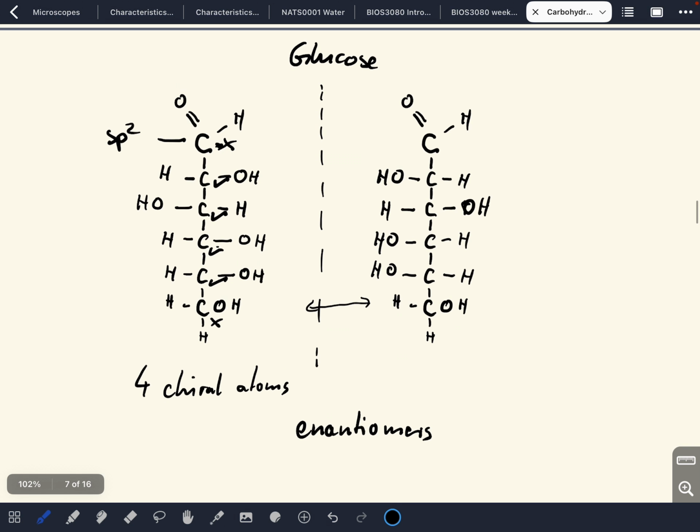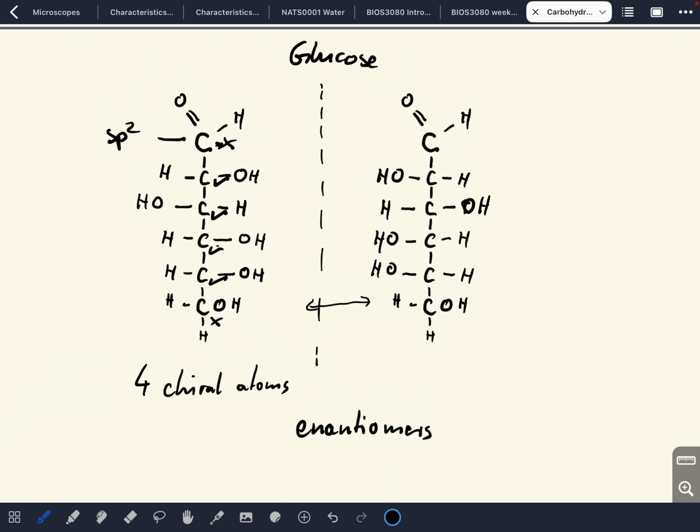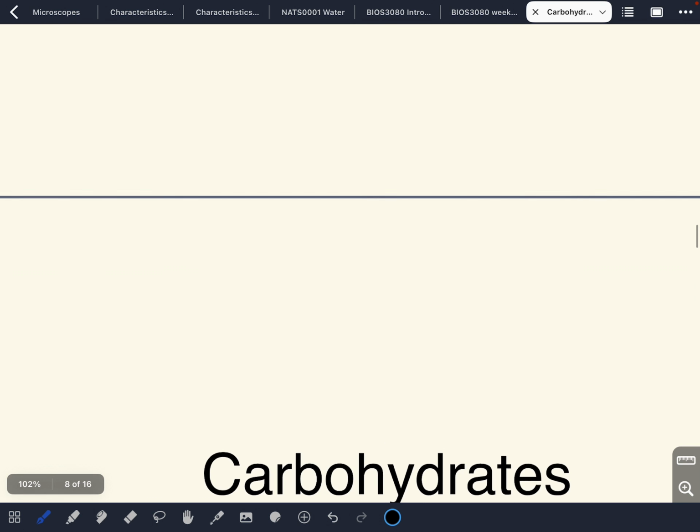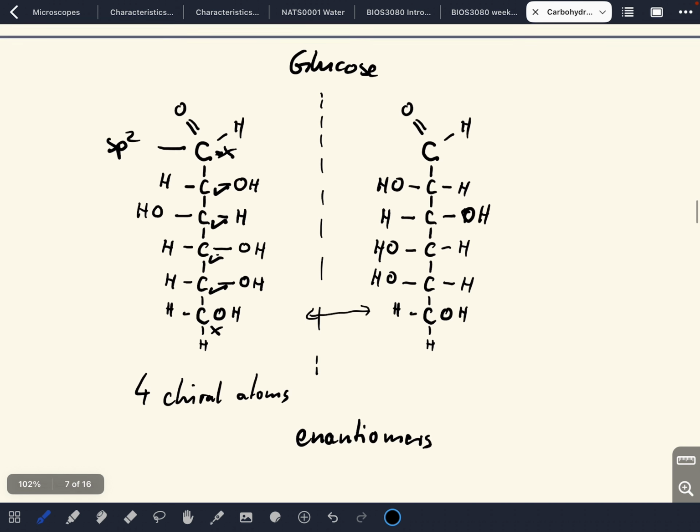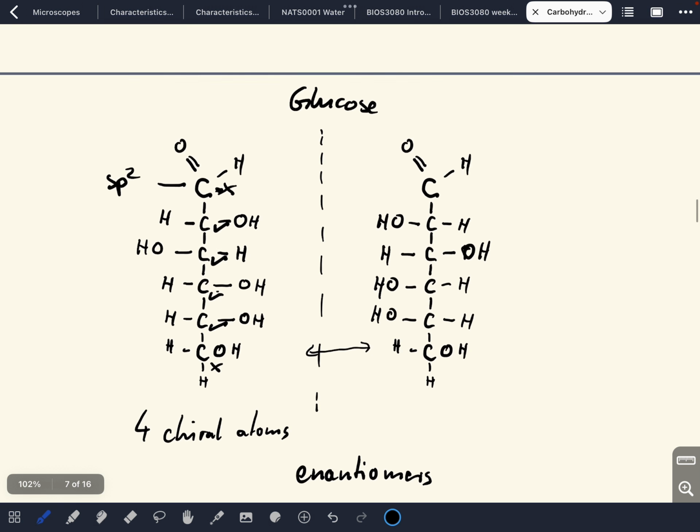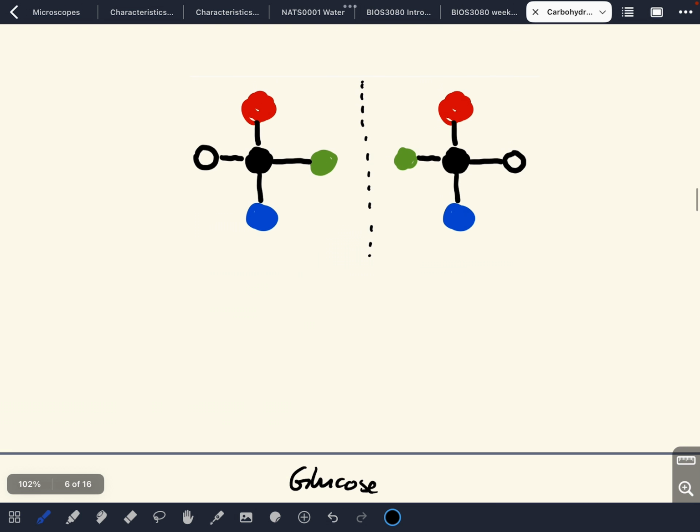So here we've got these enantiomers of glucose with 4 chiral atoms that we have here in the structure. And important, it must be sp3 hybridized, because only then it has no internal symmetry.